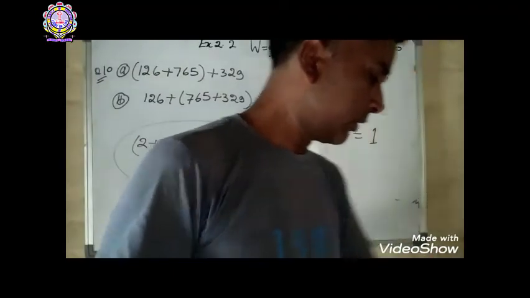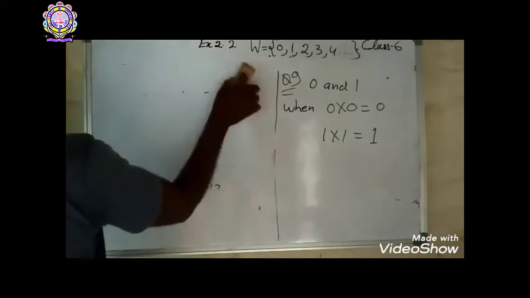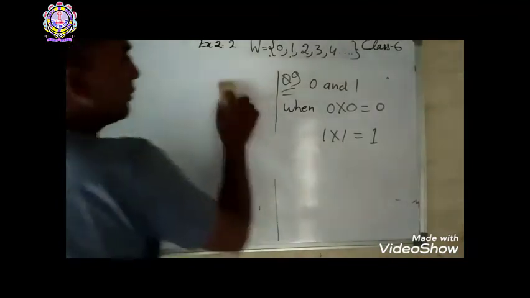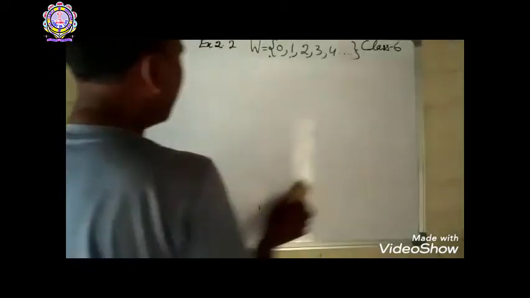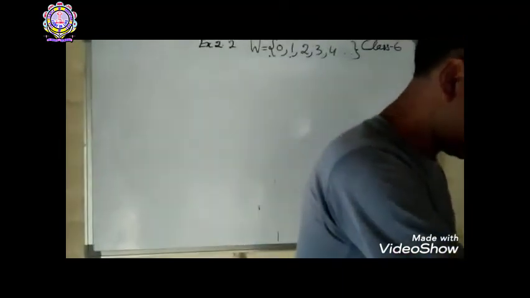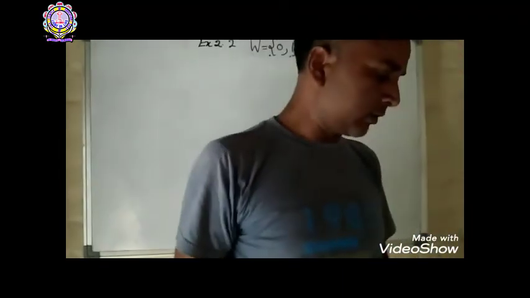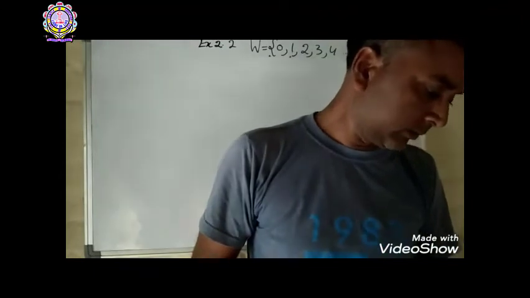So the next question is a numerical question, that is 11. Numerical or word problem, that is the word problem type of question. A milk vendor supplies 47 liters of milk to a hotel in the morning and 53 liters of milk in the evening.